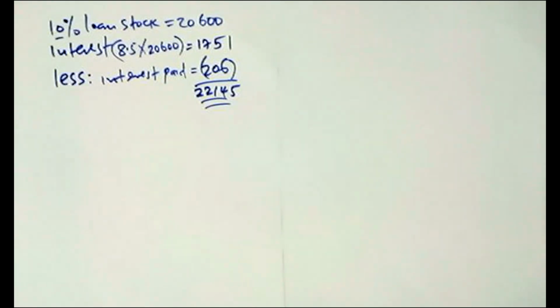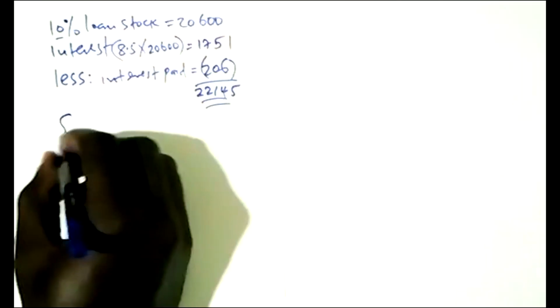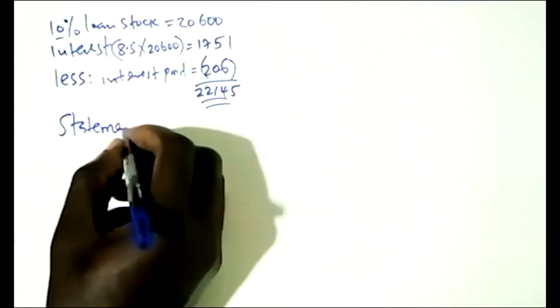So that is okay up to that point. That was the last additional information we were supposed to do. So the next thing we have to do now is the statement of expense allocation.